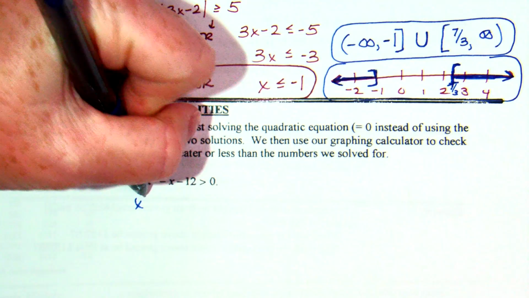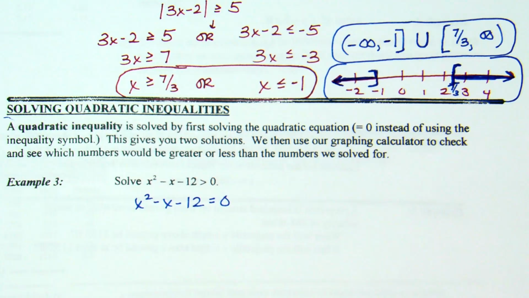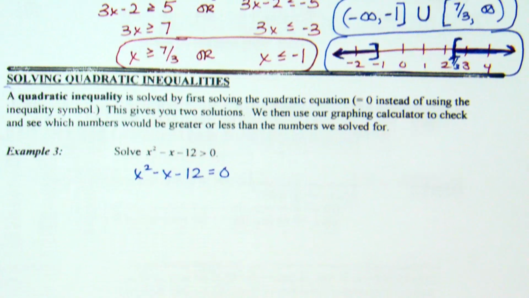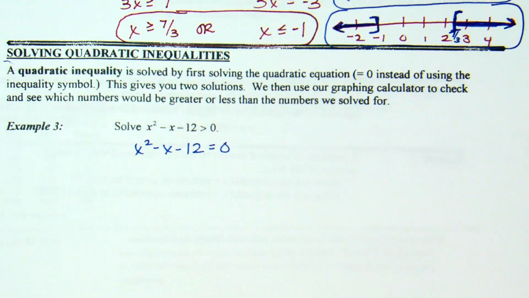So, first thing, we'll talk about a couple different ways to do this. But x squared minus x minus 12 equals 0. So before we get into the actual inequality, how do you solve an equation that's equal to 0, that's a quadratic like that? Quadratic formula could be. This one actually factors.